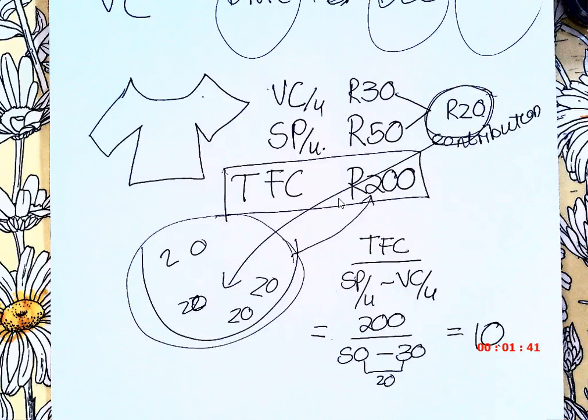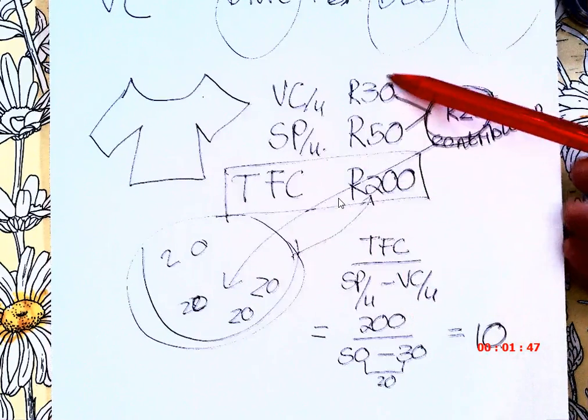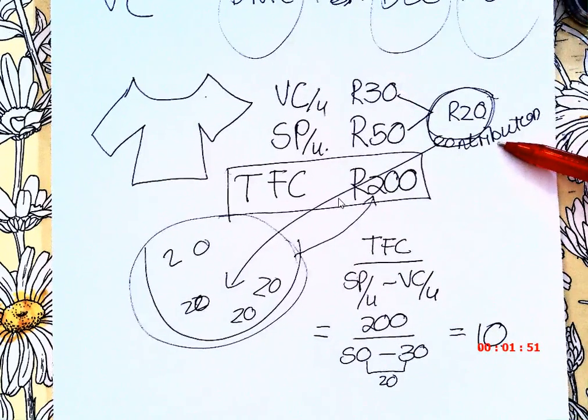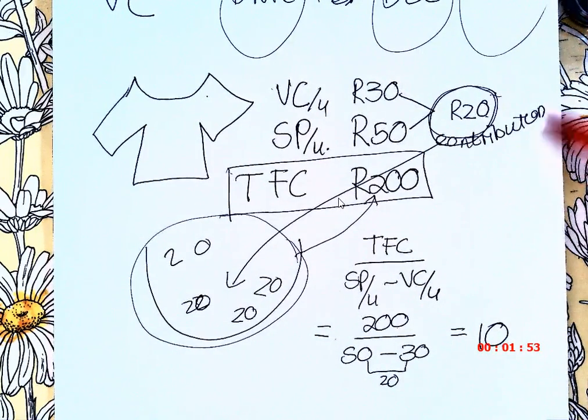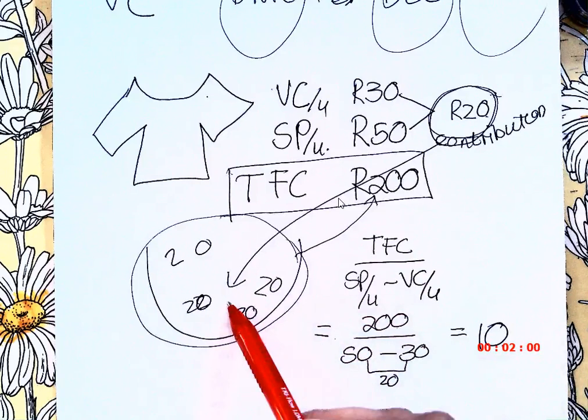Okay? So what I do is I say, if I take my selling price per unit less the variable cost per unit, I get what I call a contribution. So that contribution for the first items that I'm selling will contribute to covering my fixed cost.